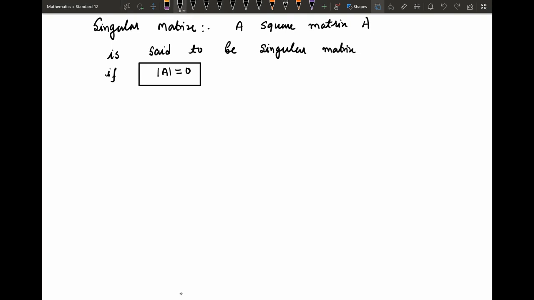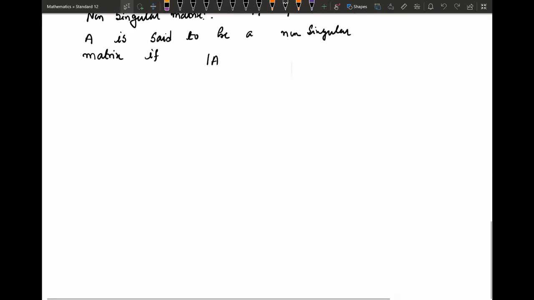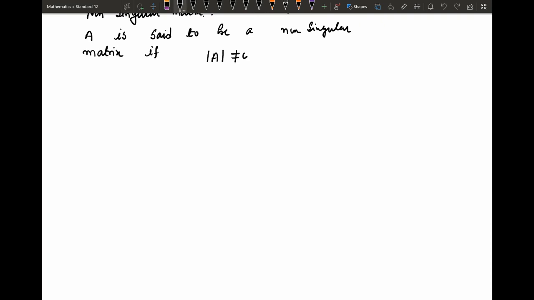Now we define non-singular matrix. A square matrix A is said to be a non-singular matrix if determinant A not equal to 0.